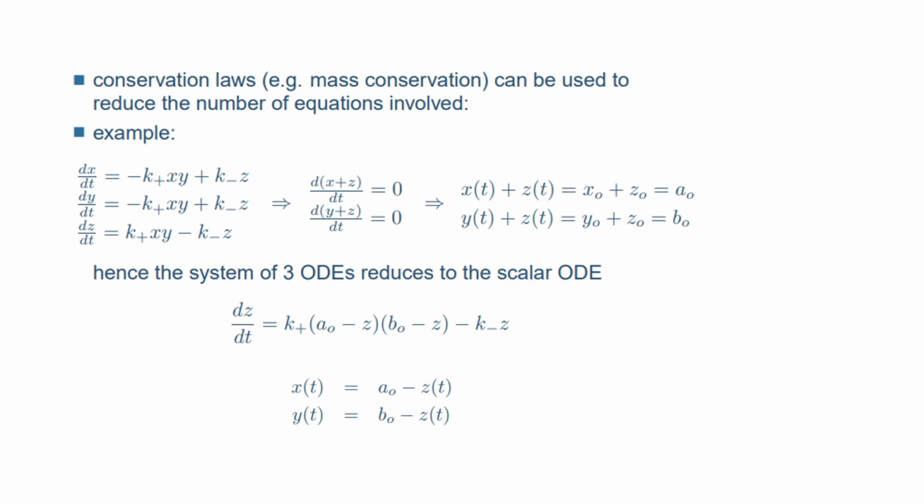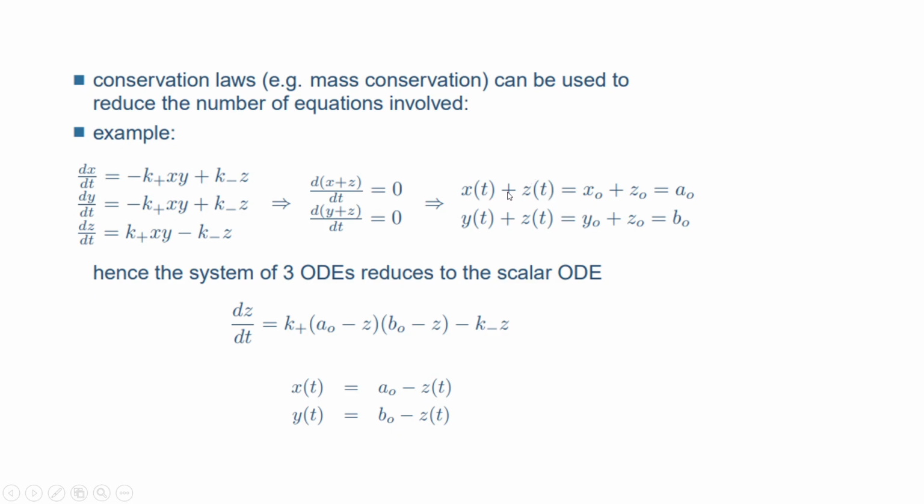So if you just add the first and the last one, you get this equation, and if you add the second and the last one, you get this equation, from where you can solve out x and z together from one, and y and z together from another one. Then you can just put these values.